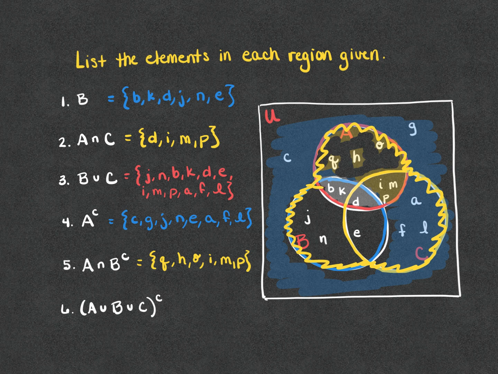Everything inside those squiggly lines, fully inside, is A union B union C. And then when it says I want the complement of that, that means instead of what's inside, we want to move to what's outside. And so in this case, what's outside of that are just the elements C and G.